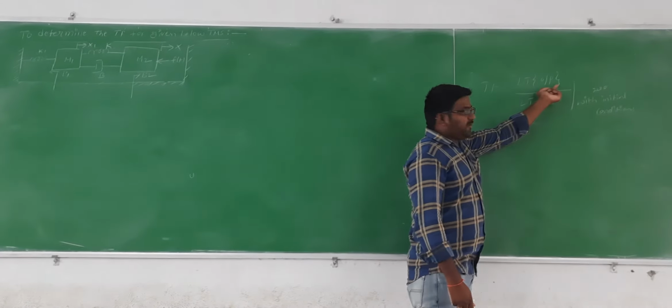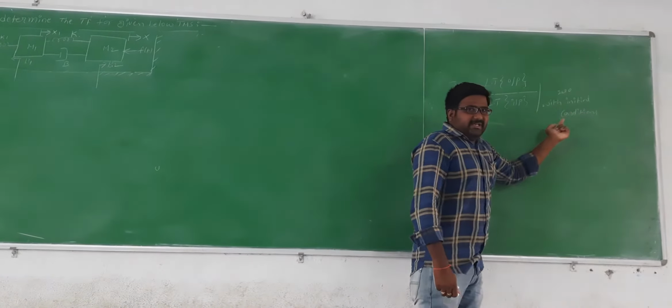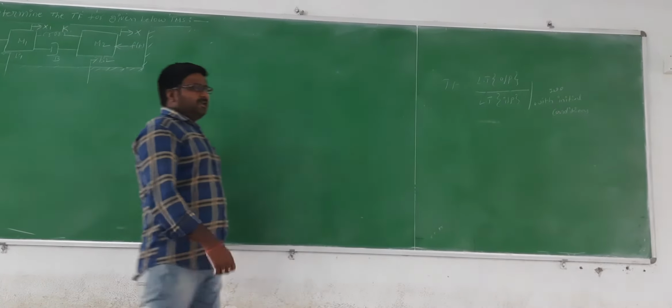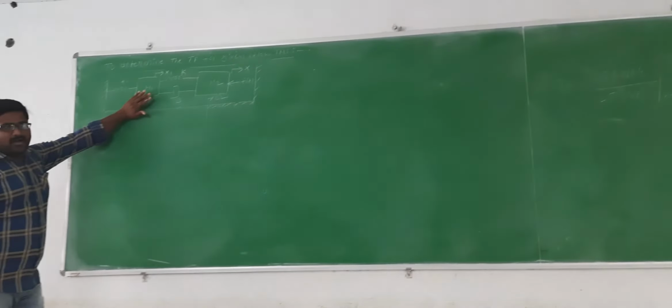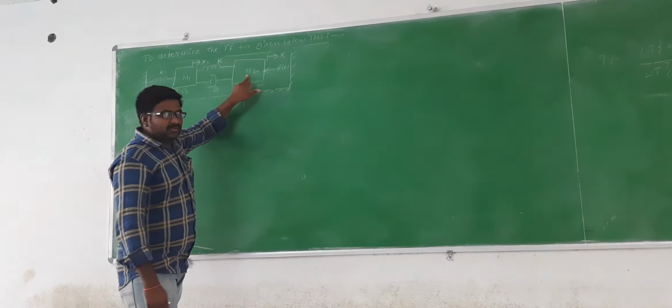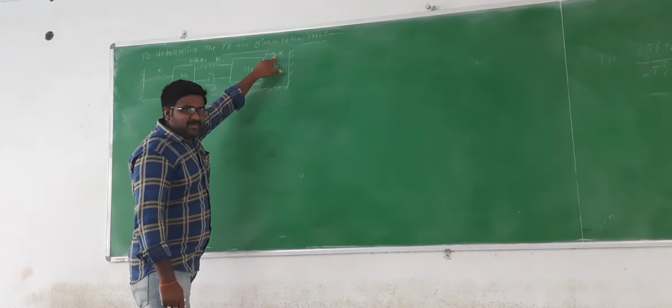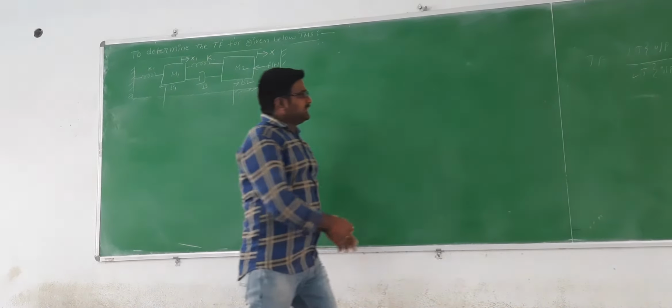Laplace transform of output to the Laplace transform of input with zero initial conditions. So what is the Laplace transform of output? In this translational mechanical system, the displacement of the second mass is the output. So mass 2 displacement is x.